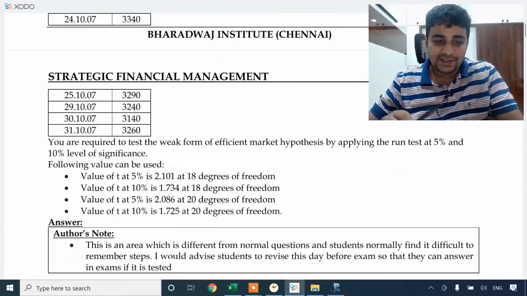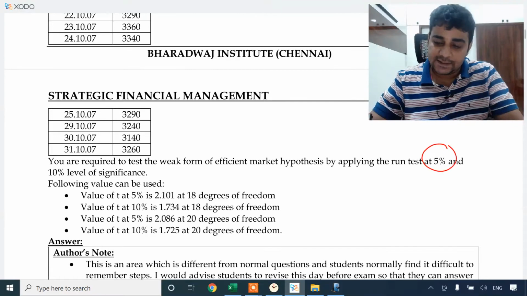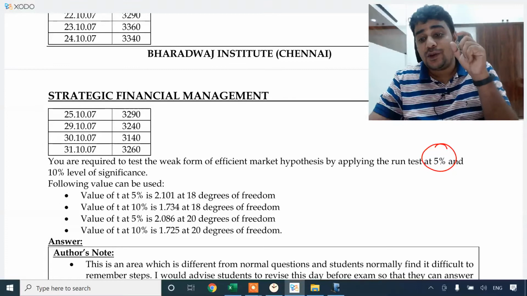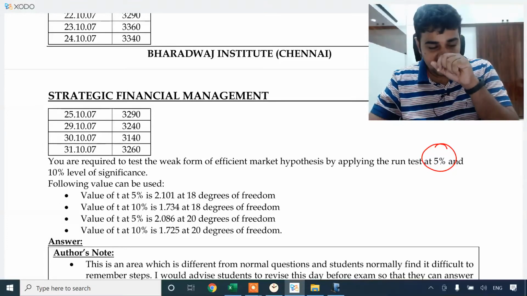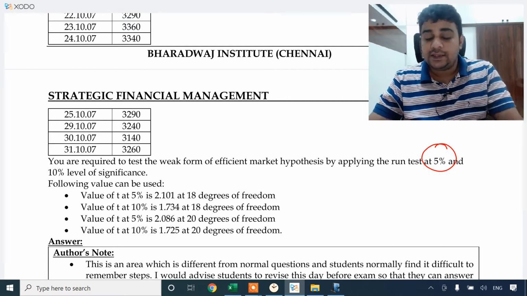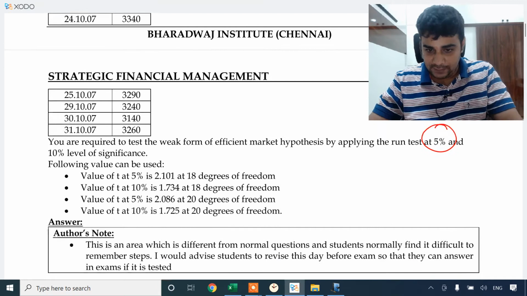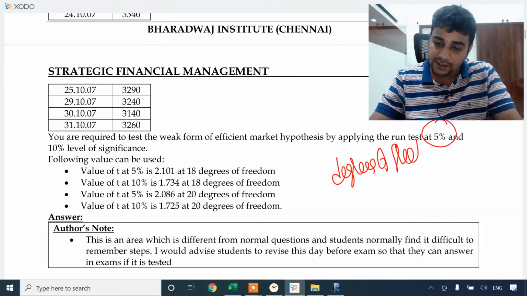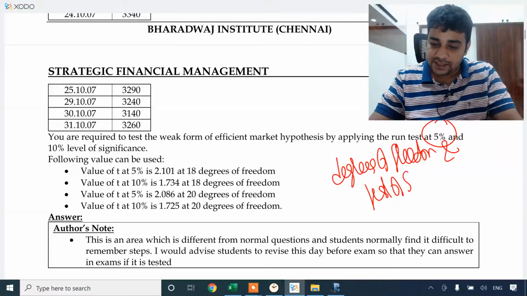You can test your market at 5% significance as well as 10% significance. Like you have z value, probability, we also have the t test, and for that you get a t value. The t value is dependent on degrees of freedom and the test of significance.